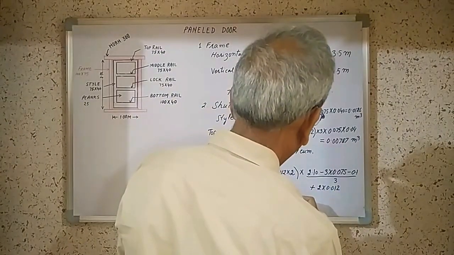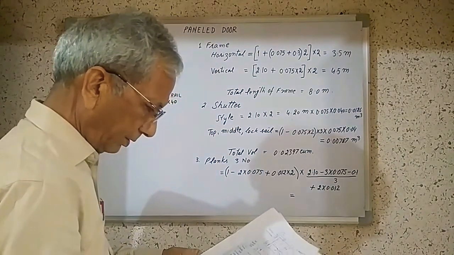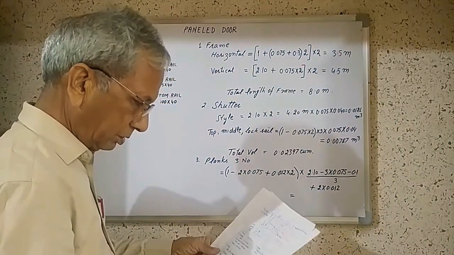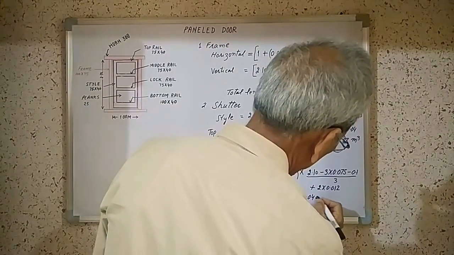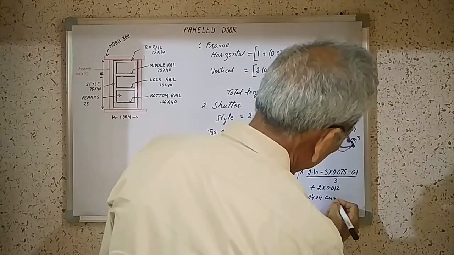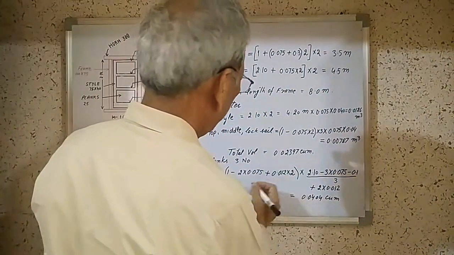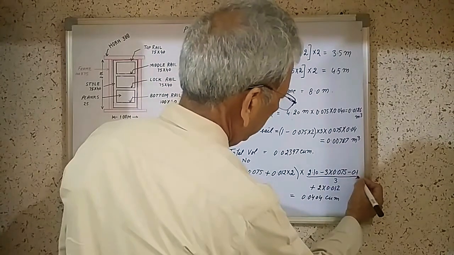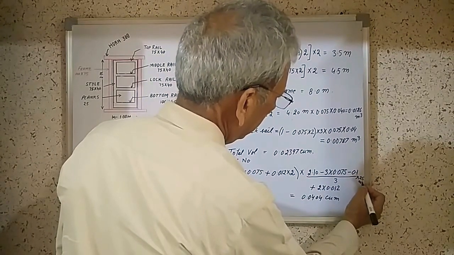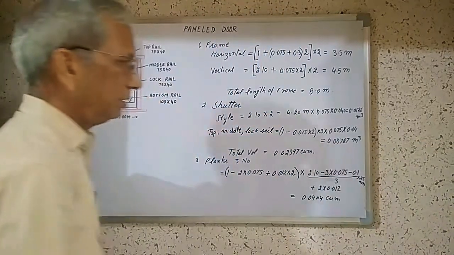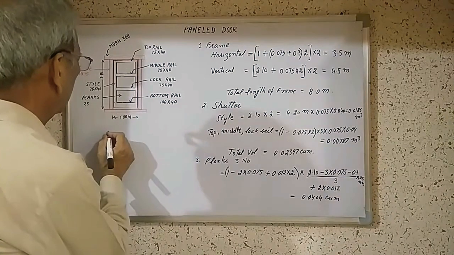Now this will come out to be 0.0404 cubic meter, when we multiply by this 25 millimeter, then this quantity will come.